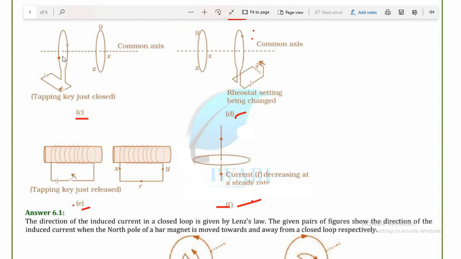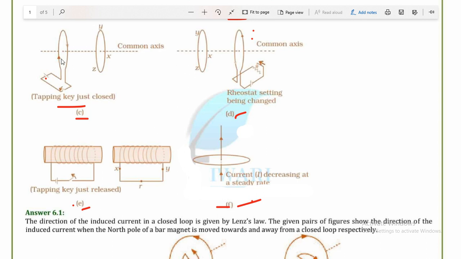So now let's see figure C. You can see here, this one is the loop which is connected with a cell, and so it can carry some current. Okay, now when this key is just closed, there must be a current in this circuit. Due to this current, there must be an induced current developed in this loop, which does not have any external energy source, that is, there is no battery, but there must be some induced current.